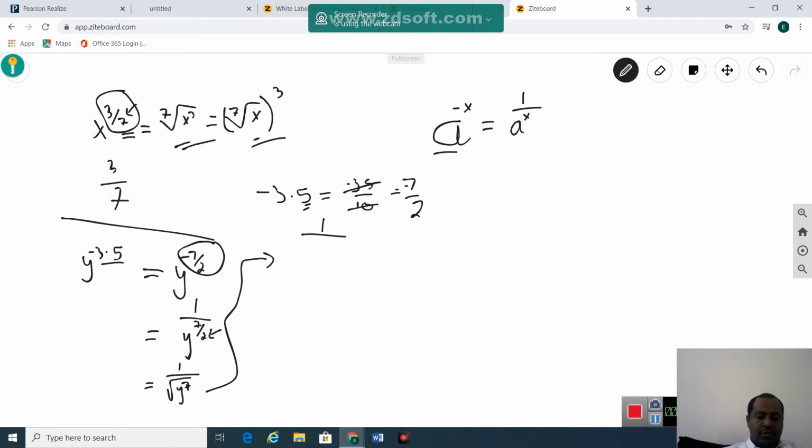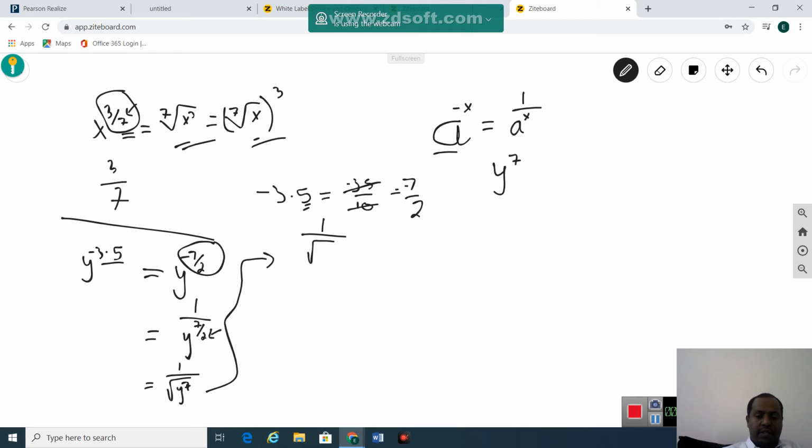Since the index is 2, I need to rewrite y to the power of 7 as a power of 2. What is y to the power of 7?